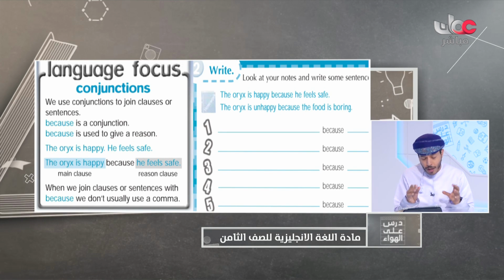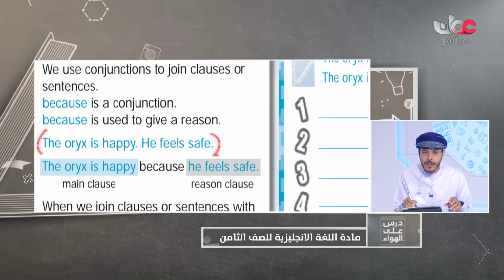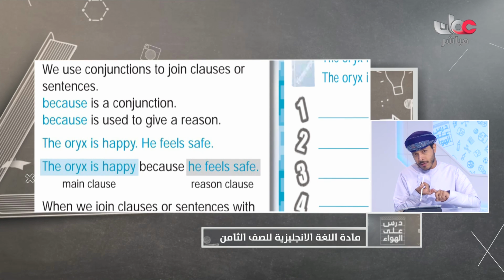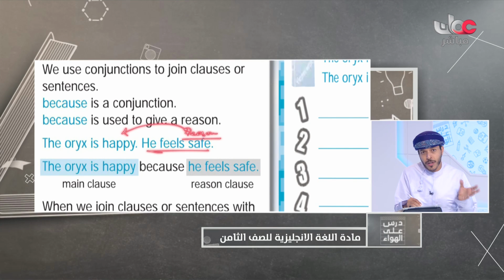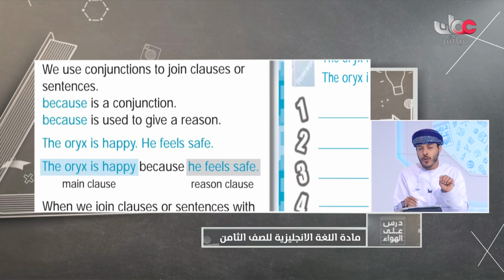For example, look at this sentence. The oryx is happy. This is sentence number 1 and this is sentence number 2. Good, guys? So we want to delete this full stop and link these two sentences because this is a reason. We want to link this reason to the previous sentence in order to avoid writing very short sentences like, for example, Ali is tall, full stop.